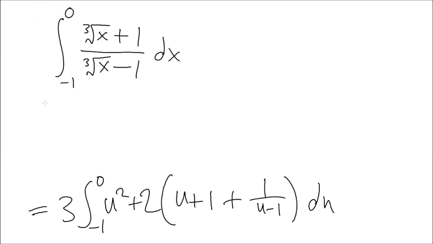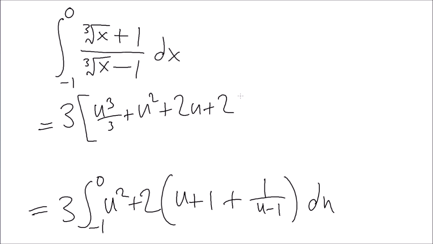So this is 3 times u cubed over 3 plus the 2u, that's u squared, plus 2u plus 2 ln of u minus 1.